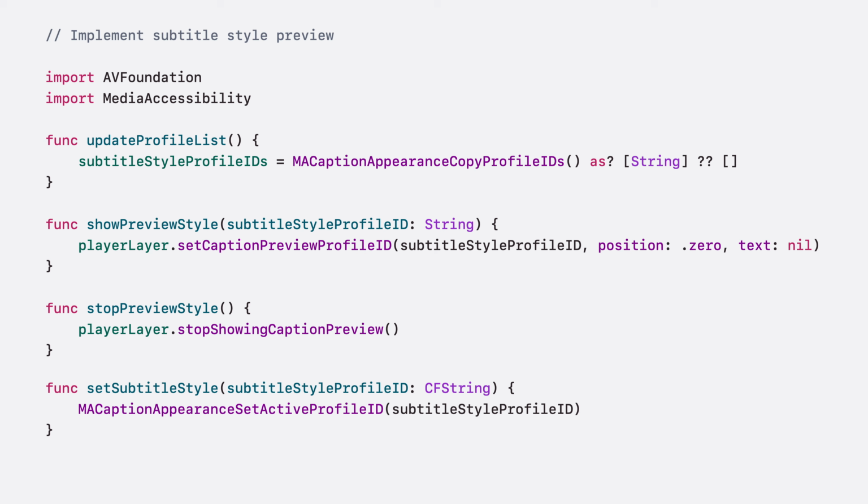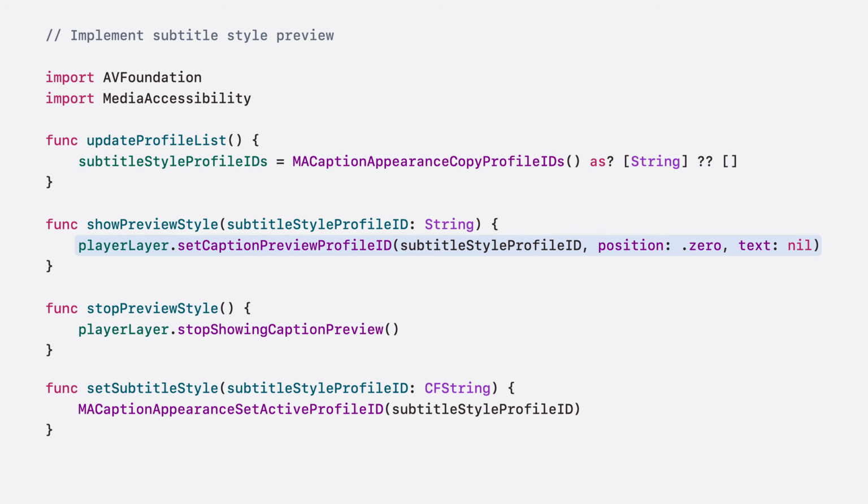Now, here's the AVPlayerLayer implementation. Each subtitle style in the system is assigned a profile ID. First, fetch all of the styles by their profile IDs. Populate your UI with the names for the styles. When a style is selected, show the stylized preview.